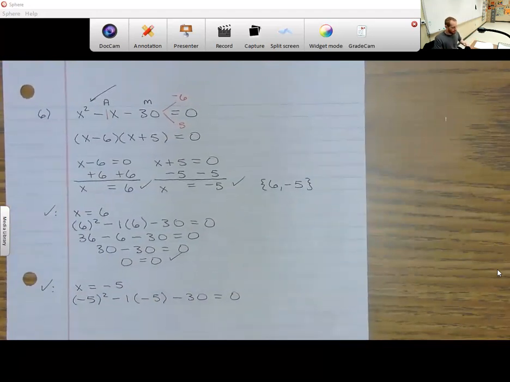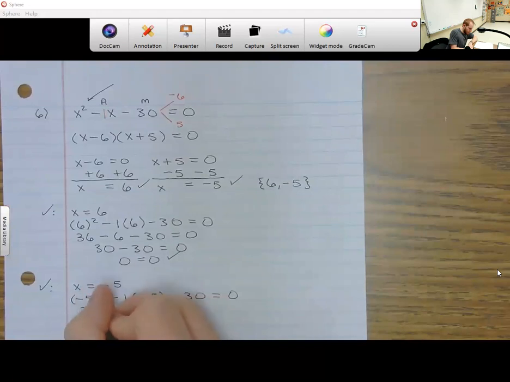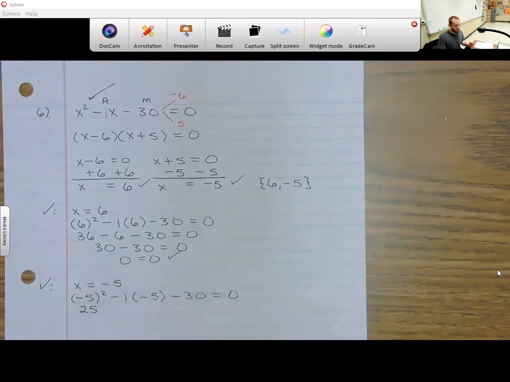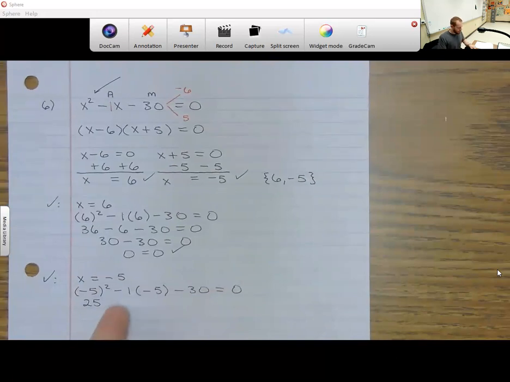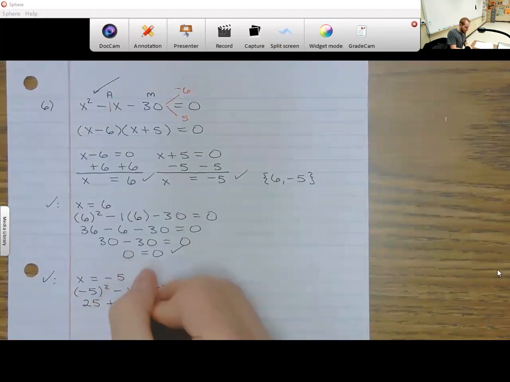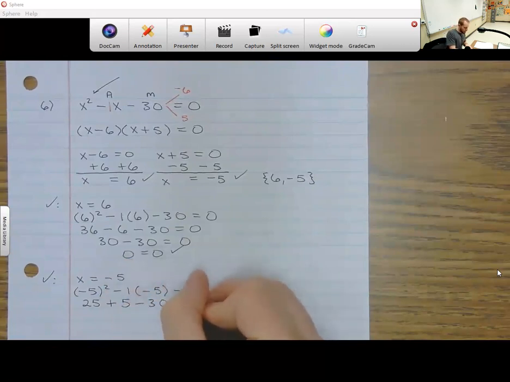I'm just replacing x with the negative 5, and seeing what happens. Negative 5 times negative 5 is going to give me positive 25, right? Because I got that negative times that negative. And then negative 1 times negative 5 will give me a positive 5, right? So these two are going to give me plus 5. And then I bring down the minus 30 equals 0.